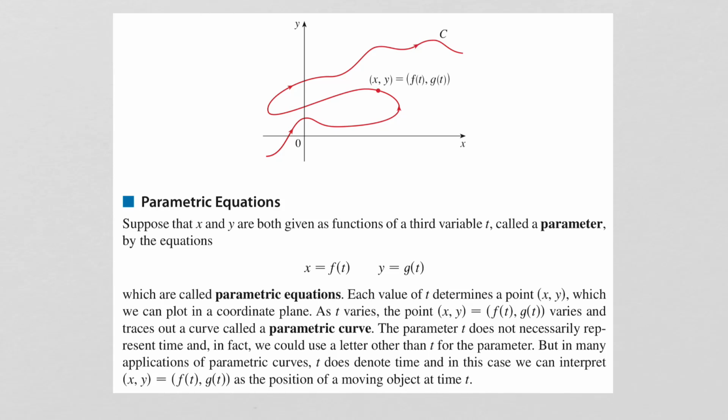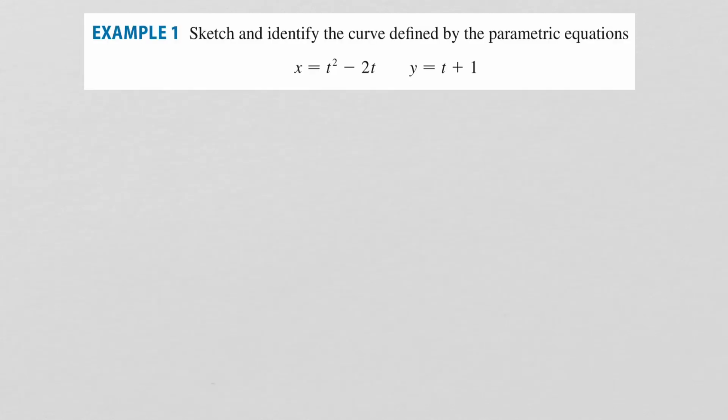As you progress through math classes and physics classes, you will find that parametric equations are extraordinarily useful in describing real phenomena. Let's take a look at a simple example. In the first example here, we would like to sketch and identify the curve defined by the parametric equations x equals t squared minus 2t and y is equal to t plus 1.